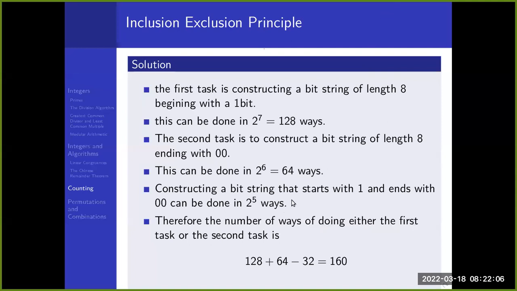Now 2 raised to 5 is equal to 32, right? Is your question answered now? Were you there from the beginning of the class? 32 are the ways in the intersection. Yes, that's correct.